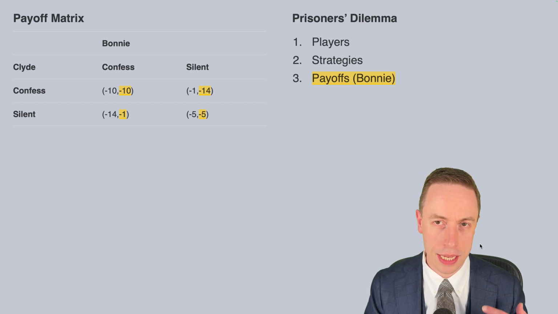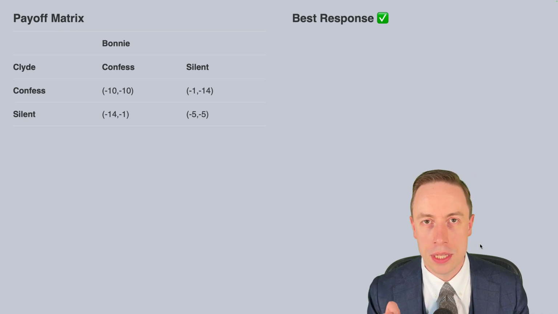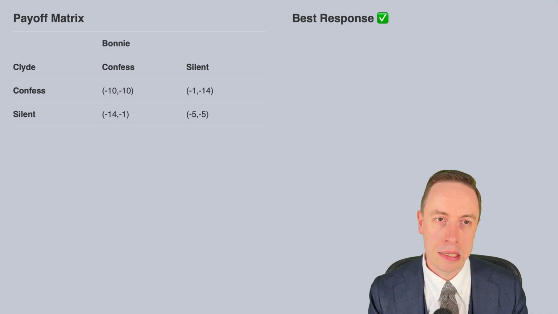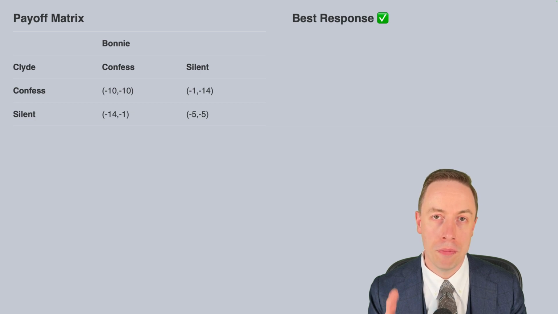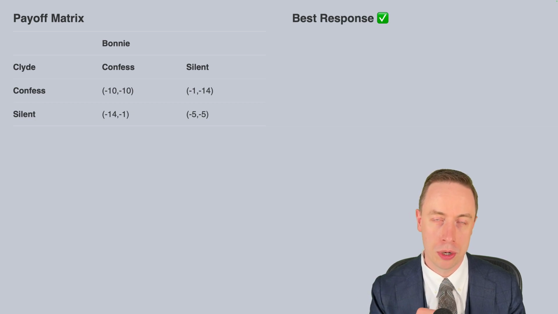All right, so this is the setup of our game, the payoff matrix. The way you solve for the Nash equilibrium is that you find any outcome here that's a best response for both players. Anything that's a best response for all players, by definition, is a Nash equilibrium.